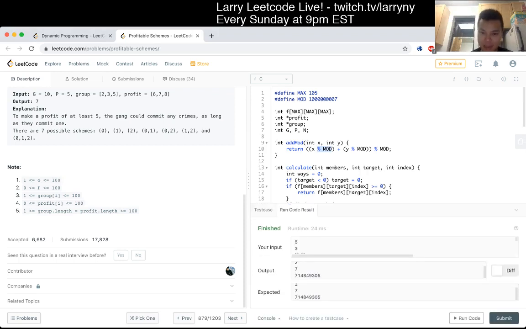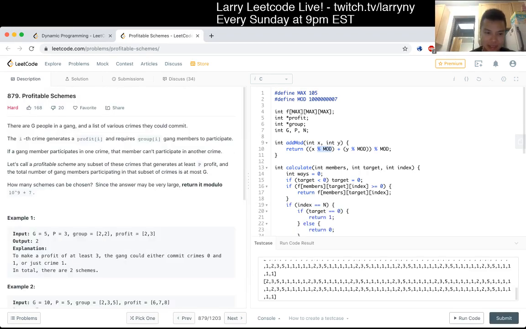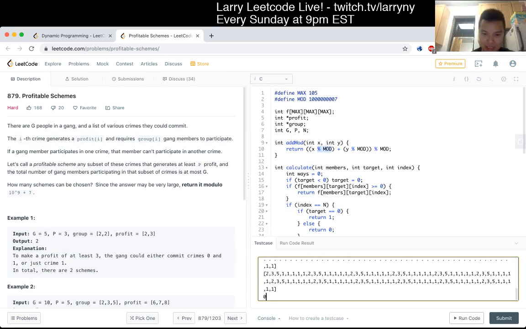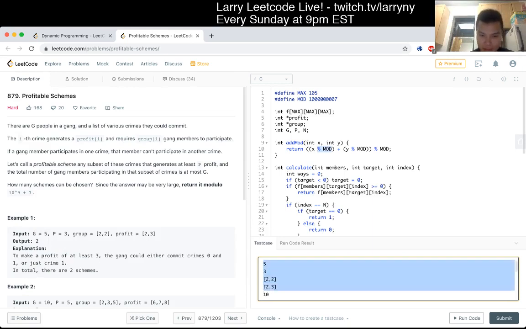Okay, so that looks like I modded it because I think that's a power of 2. So let's wait to submit. Let me try one more where the G is 0, and then maybe if the input stuff is 0. Okay.